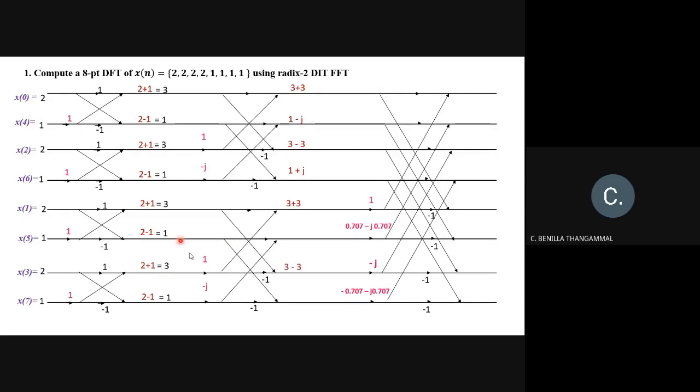Then 2 and 4 form a combination along with your twiddle factor minus j. So first will be 1 minus j, the next will be 1 plus j. So now the output of this stage 2 is 6, 1 minus j, 0, 1 plus j, 6, 1 minus j, 0, 1 plus j.